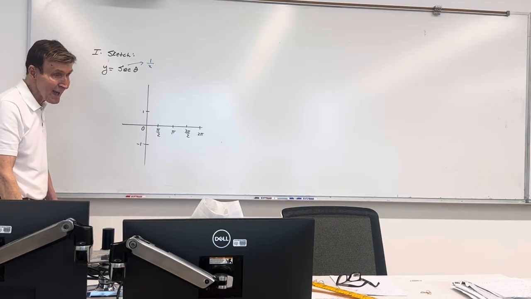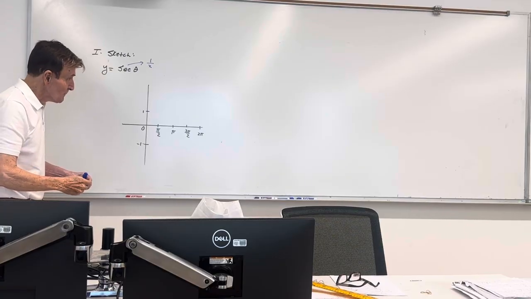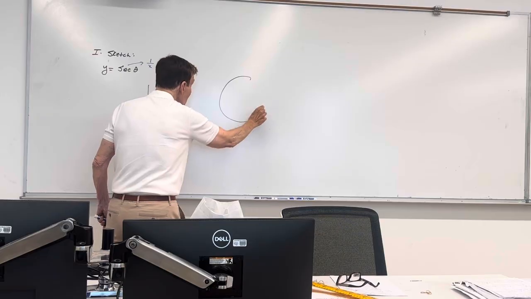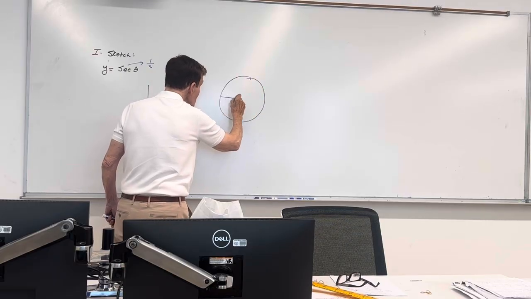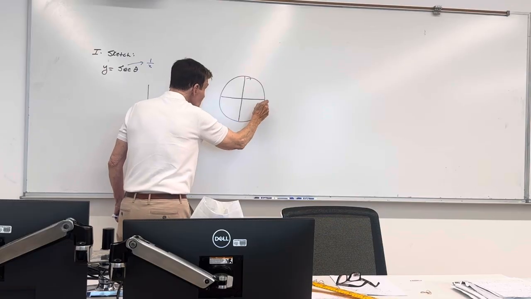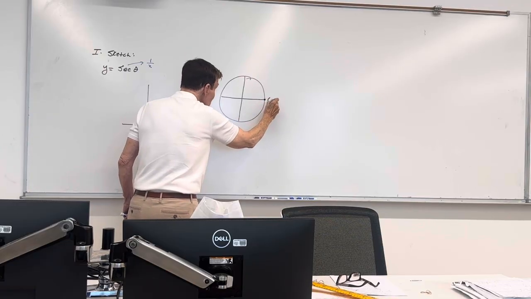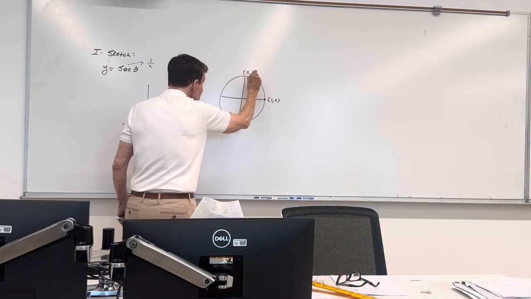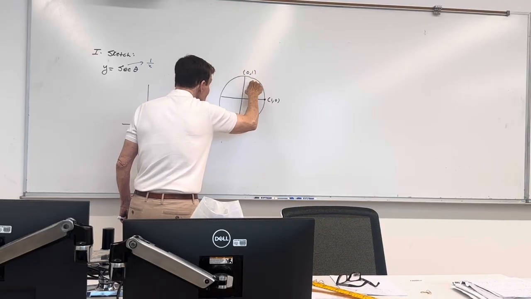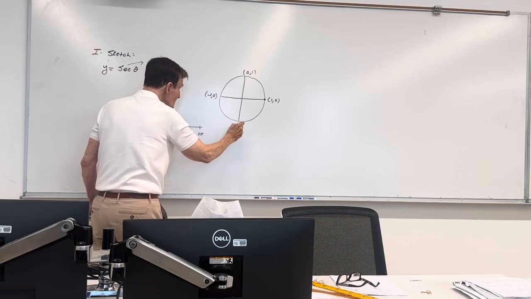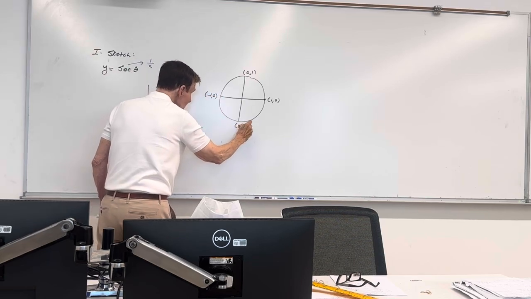1 over x. Guys, I'm going to remind you, on the side here, if I can just do it real quickly, on the circle, I know and you know by this point, this is an ordered pair 1, 0. This is 0, 1. Real quickly, -1, 0, 0, -1.